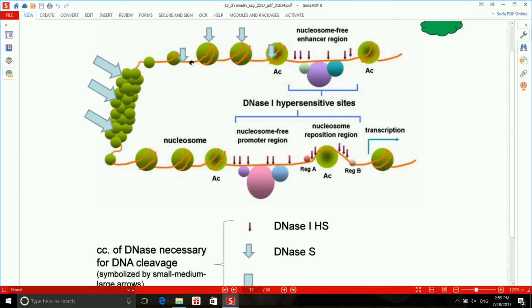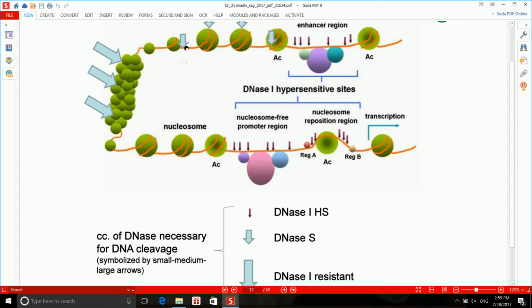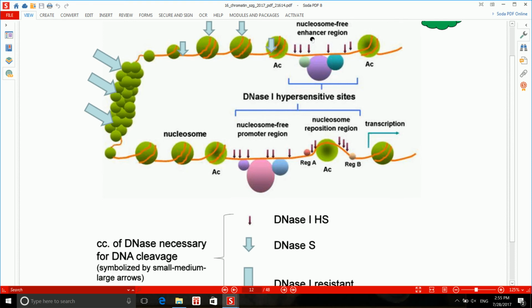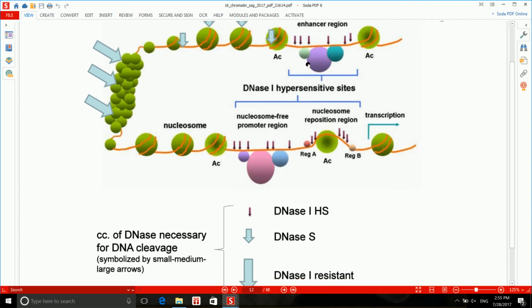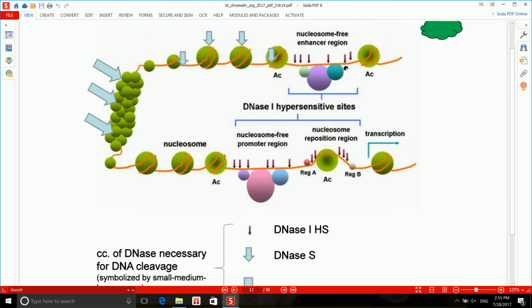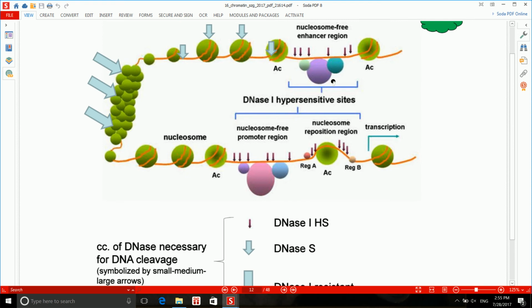And then we've got these linker DNAs which are not on the nucleosome but very close. So these are DNase sensitivity sites. And we've got these parts which are not protected at all. They're completely like naked DNA. And these are DNase 1 hypersensitivity sites. And the more a site is sensitive to DNase, for example these hypersensitive sites, the more transcriptionally active that would be.